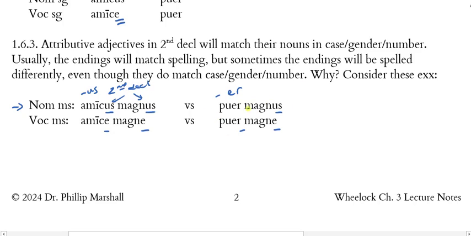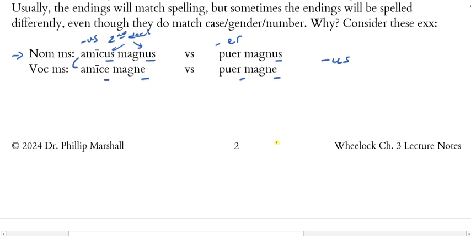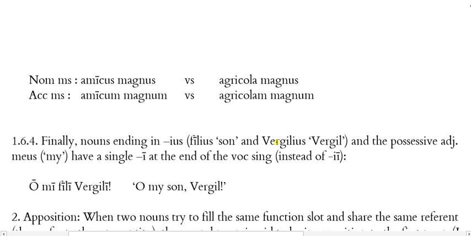Puer follows the er noun pattern, and in the er noun pattern, nominative and vocative are the same, whereas in the us pattern, they are different from each other. Okay? So, on the other hand, the adjective magnus, it's an us form, and it's always going to then behave like an us noun does in its declension pattern, no matter what type of noun is being modified.